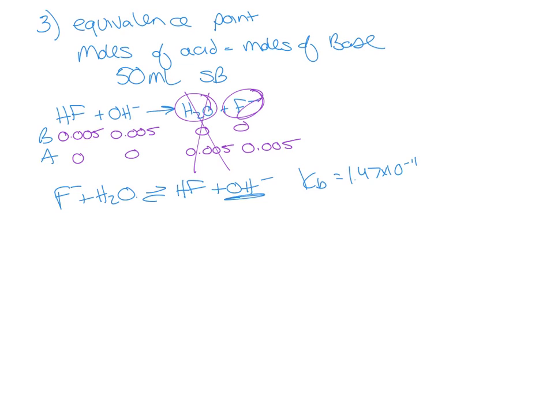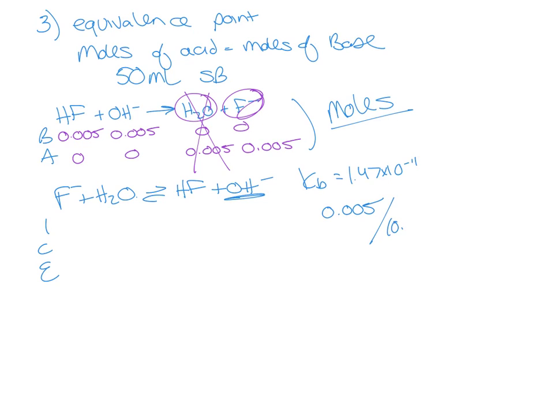I have my number of moles of this, but I don't necessarily have my molarity. Remember that your before and after charts, your bar charts are moles, and your ICE charts, which are the equilibrium charts, are in molarity. And that is important here. So I'm going to take my number of moles of F minus, and divide it by the total volume.